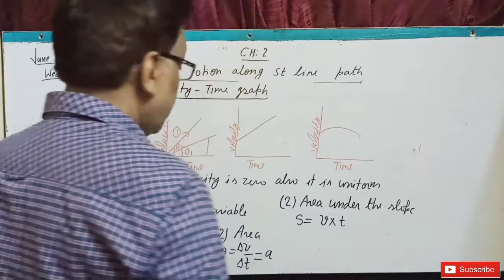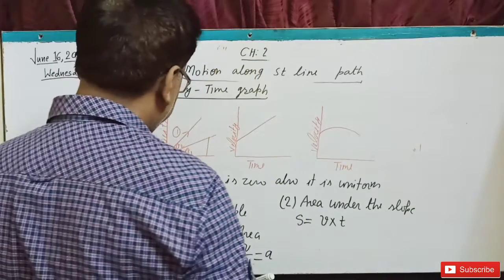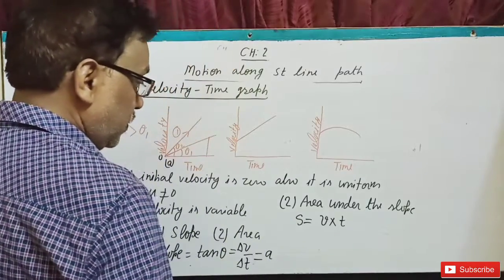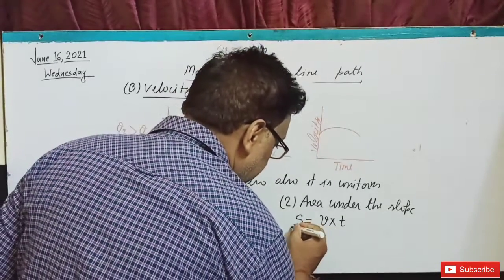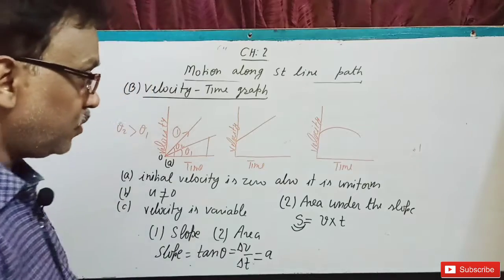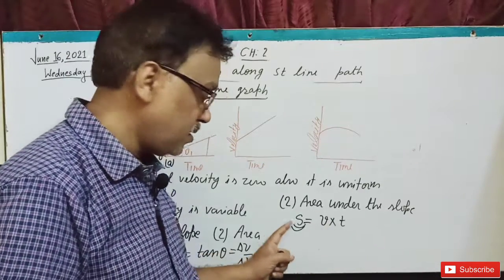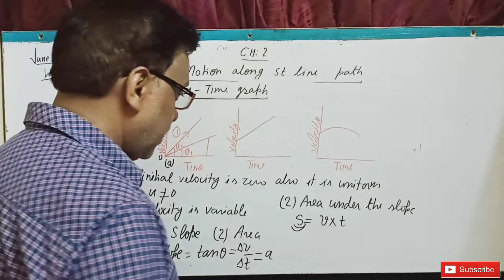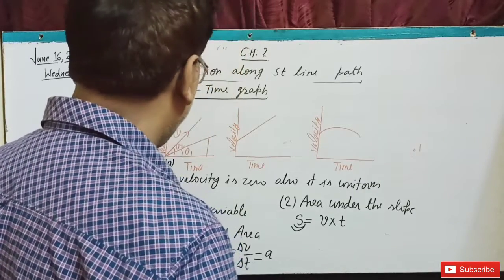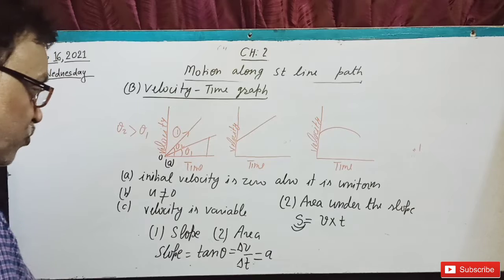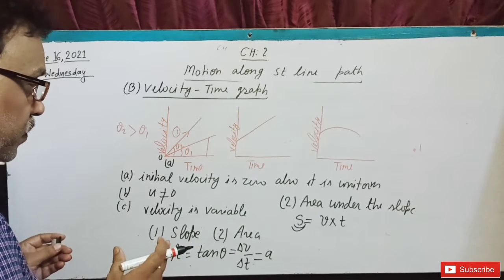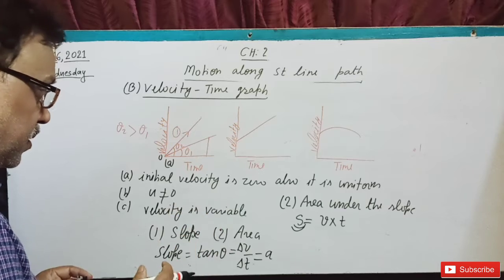So area under the slope will give here the displacement, because velocity into time is the distance or the displacement. So it is the area under the slope. So we study here two things, slope and area.